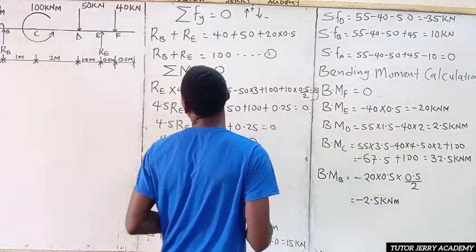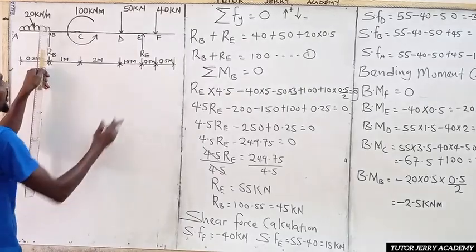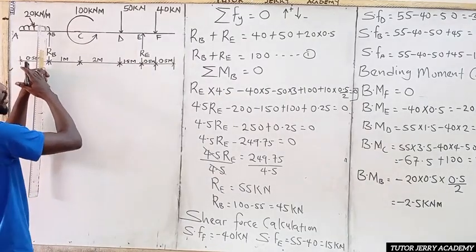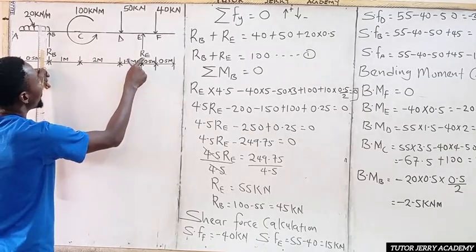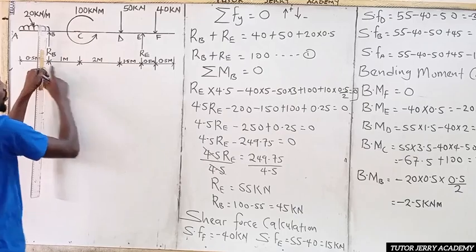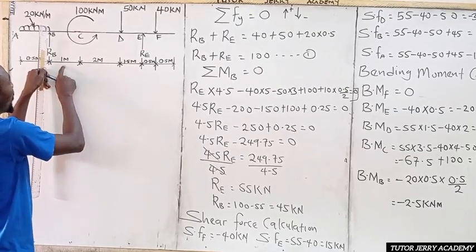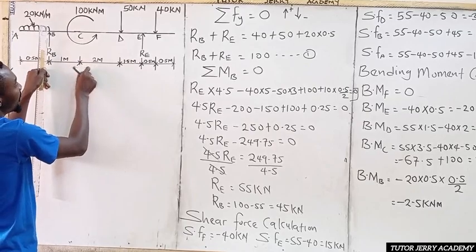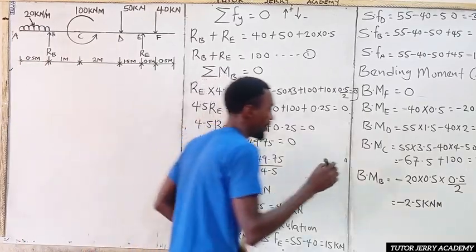Again, you can try. If you don't want to do that, you can stand at this point and take the moment towards this side. We still arrive at the same answer. I'm going to have 55 multiplied by the total distance, which is 1, 2, that is 3, that is 4.5. Let me outline it here for you.